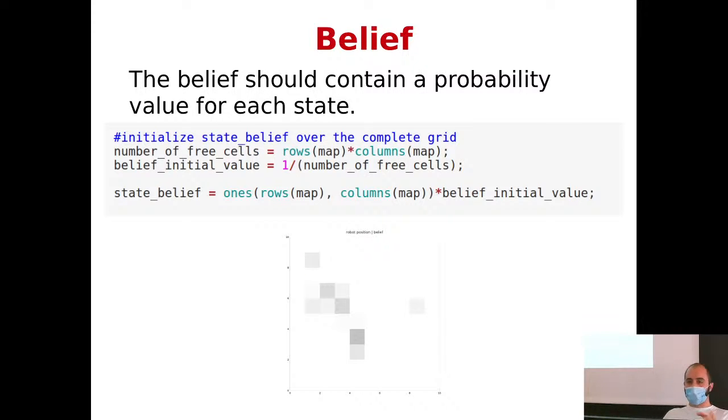We take the number of free cells and define the initial value as 1 over that number, because of course all the cells have equal probability. Then we initialize the state belief as a matrix as big as the map, with the corresponding probability values, uniform over the free cells. The only knowledge that we have is which cell is free and which is occupied. This is how a tabular uniform representation is implemented, and that's our initial belief.